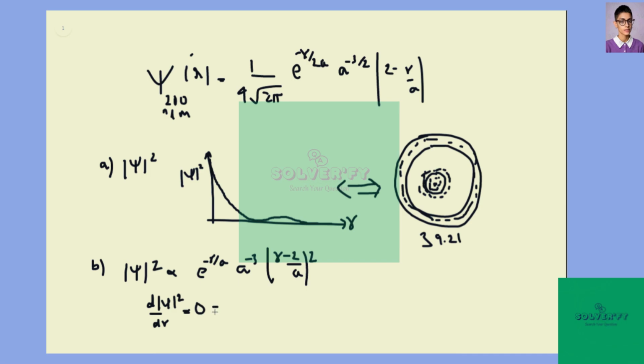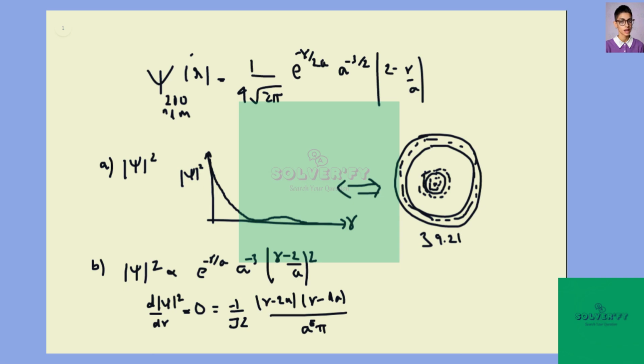So when we differentiate and equate to 0, we get an equation like minus 1 over 32... this is the equation that we get. So as you can see, this equation is equal to 0.